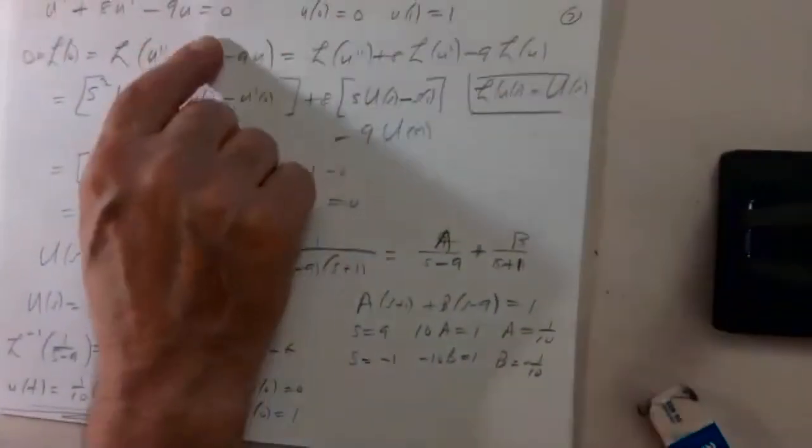All right, let's make it a little bit more interesting. This is a homogeneous equation. Suppose we had a non-homogeneous equation. So let it be this.